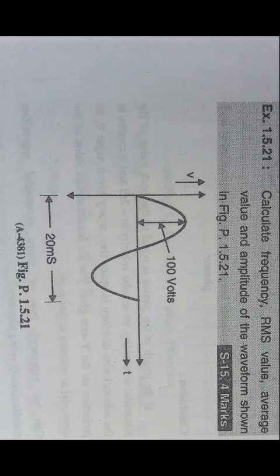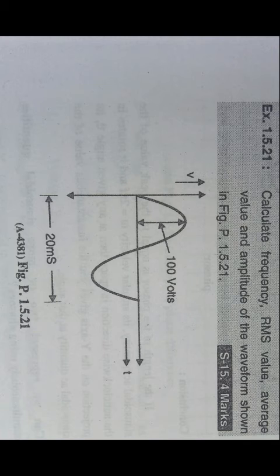Now we will see one more similar example. Calculate frequency, RMS value, that is root mean square value, average value, and amplitude of the waveform shown in the following figure.